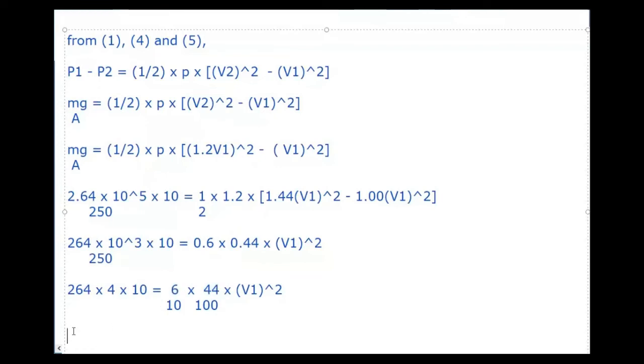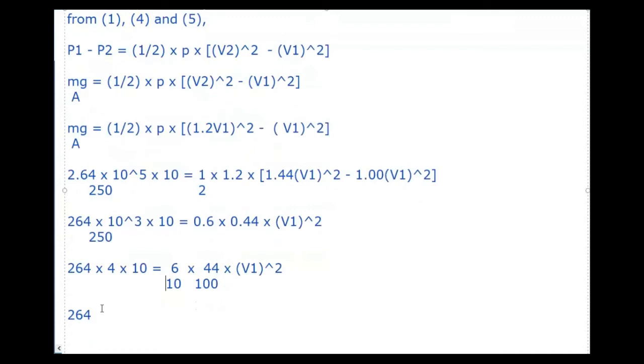So let me write it like this, 264. We move this a little bit up, right? 264 into 4 into 10 into 100 terms come here. So that will be 10 into 100.